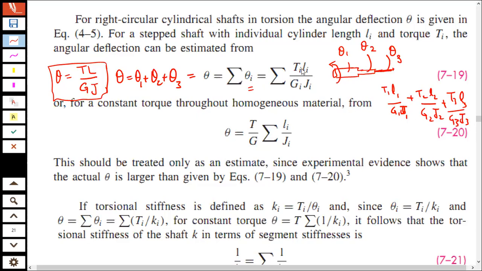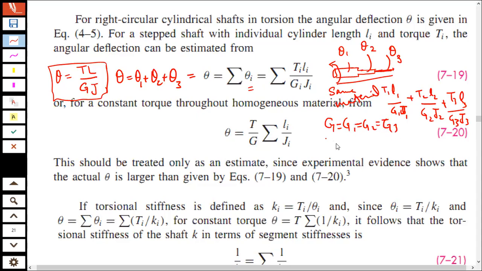Now, generally, when you look at the shaft material, the material will be the same material. So if the material is the same, then G1 is equal to G2 equal to G3.